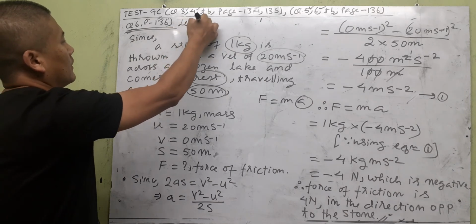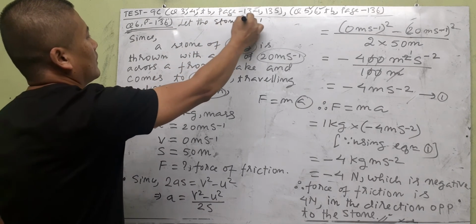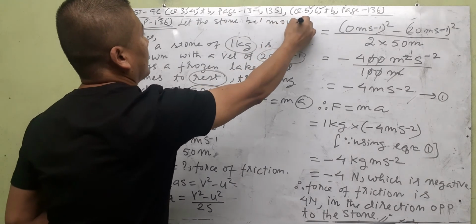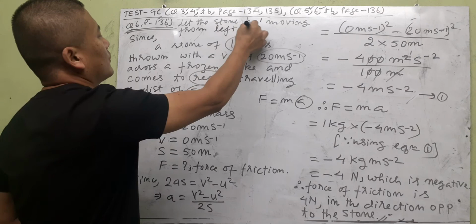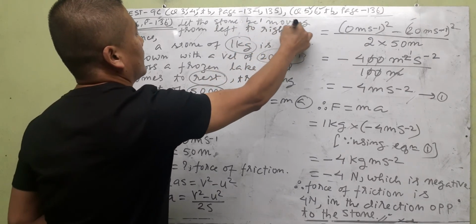Like that also you can do without mentioning, or you can start like this. Let the stone be moving from left to right across the lake, say.